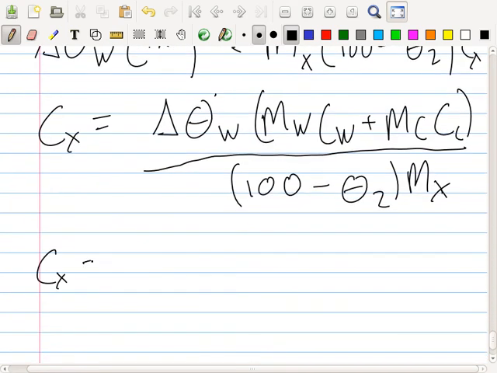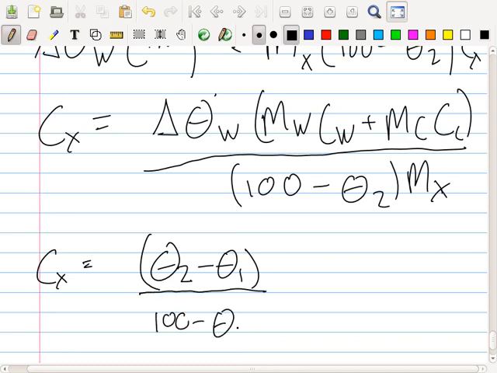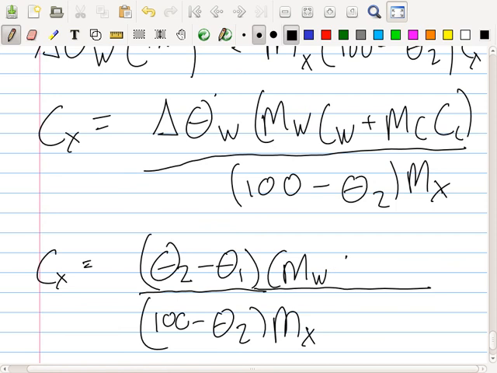So CX equals (theta 2 minus theta 1) all over (100 minus theta 2) times MX, and then here, (MW CW plus MC CC).